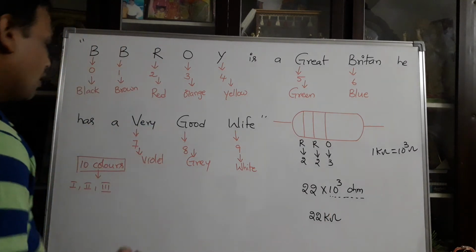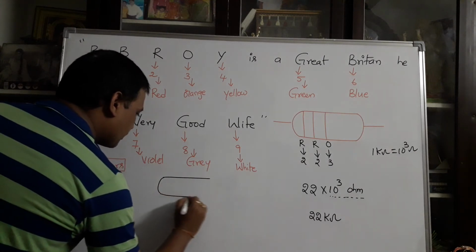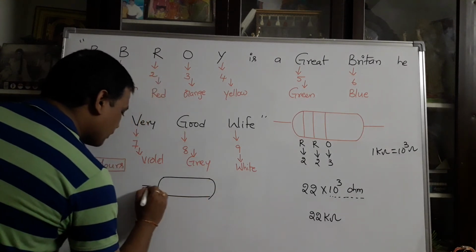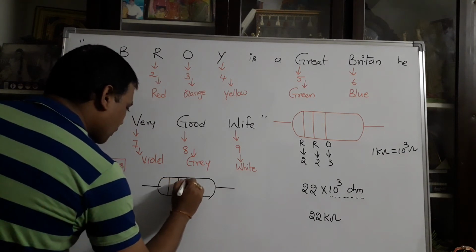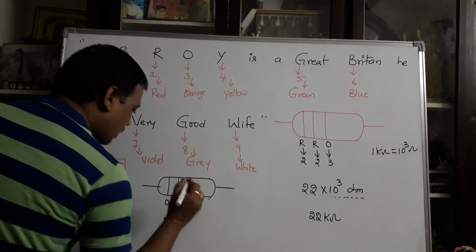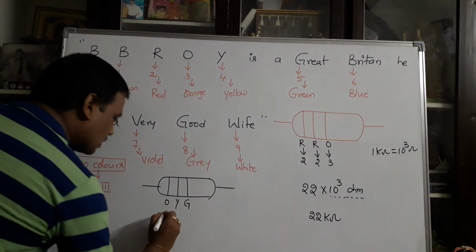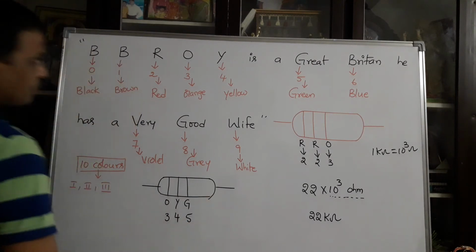In a similar way, one more resistor can be taken. That resistor is like this: orange, yellow, green. Orange number is 3. Yellow number is 4. Green number is 5.